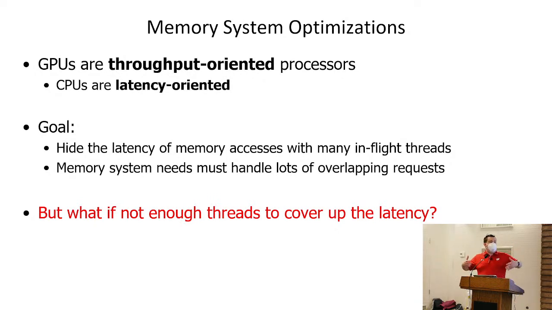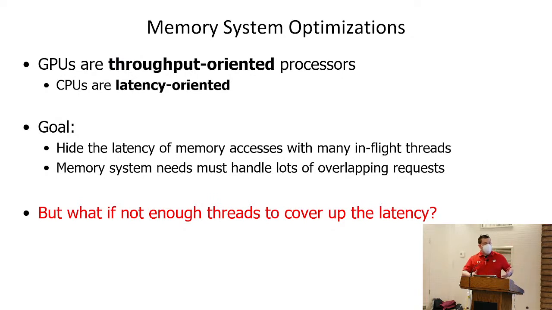And they're not going to necessarily get any one of them done quickly, but they're going to get them all done in bulk in parallel. In comparison, the CPUs that we've talked about the last 3 days, they're what we call latency-oriented. Their goal is to get that thread you're running done as fast as possible. They don't necessarily care about the other threads. They're just trying to get your one piece of work done quickly.